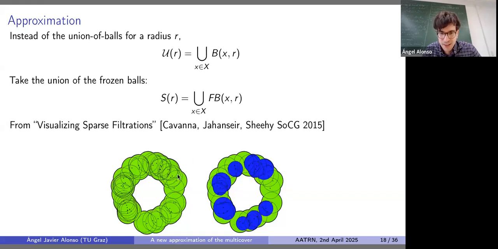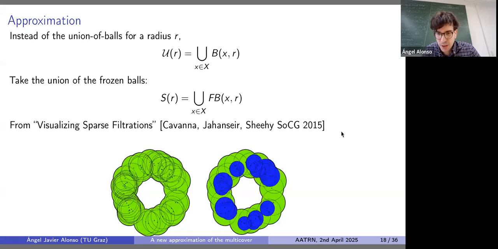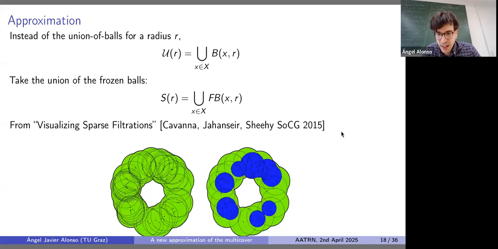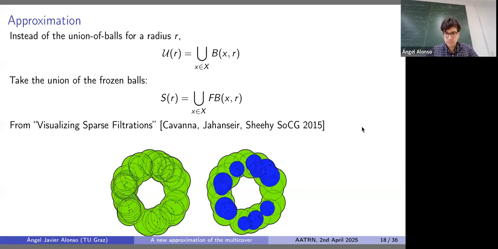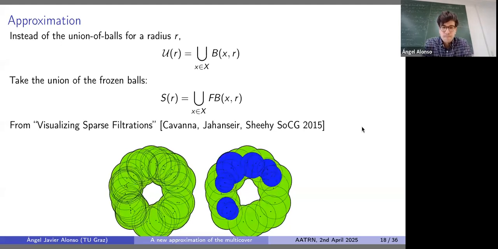You can see that these are kind of the same. As we increase the radius, some other balls will be frozen, and if we increase the radius more, some balls will be removed. And of course, here we have fewer balls.